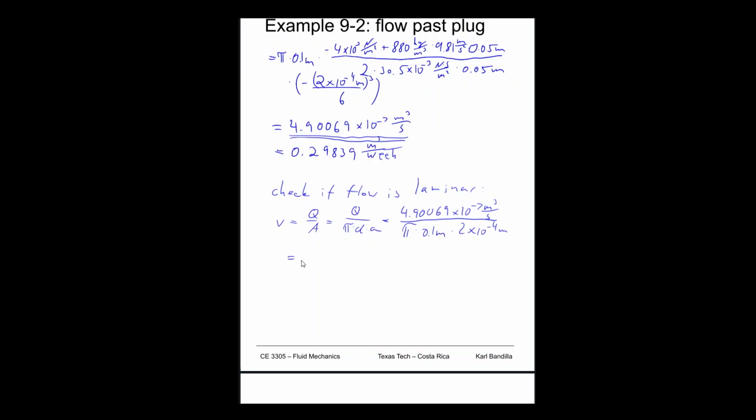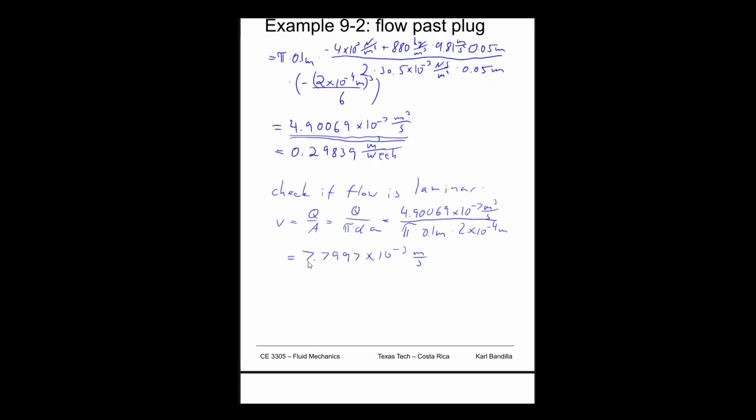And that gives me 7.7997 times 10 to the minus 3 meters per second, so a relatively small number, which makes sense. If my flow is very small, my velocity should be low.